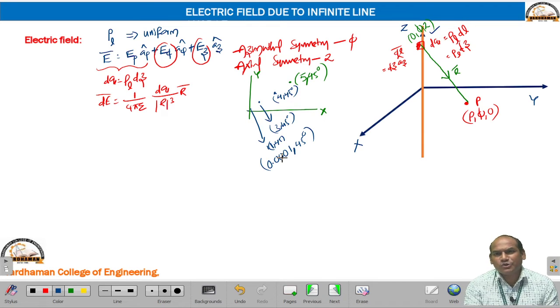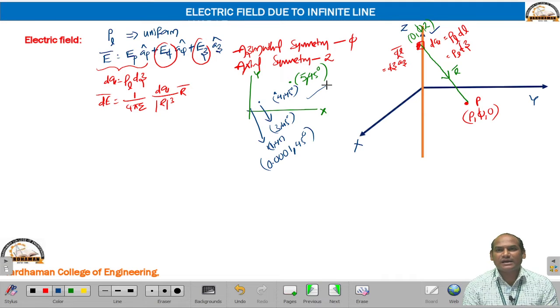We are interested in calculating the electric field along the line joining the observation point and the source point, so whatever phi value is there for the observation point, the same phi value we have to take at the source point. Using this explanation, you can understand why phi is taken as the middle coordinate for the source point.